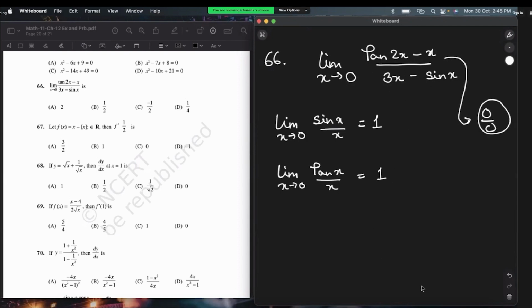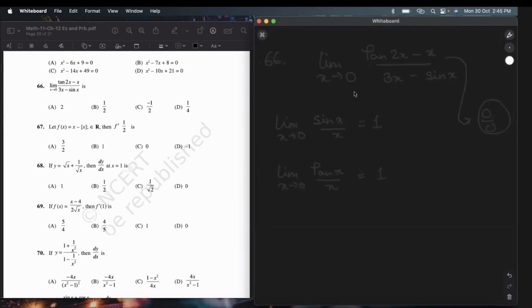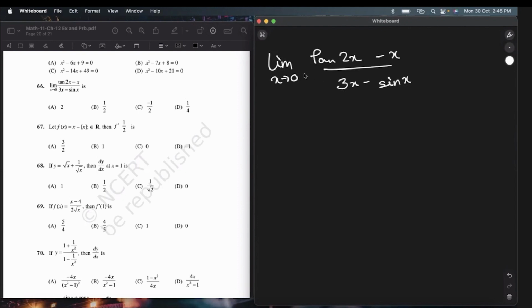In order to do so, we can make these two formulas appear in the given expression. How can we do this? The question given to me is this. Now, if I just divide the whole thing by x, what am I being left with?